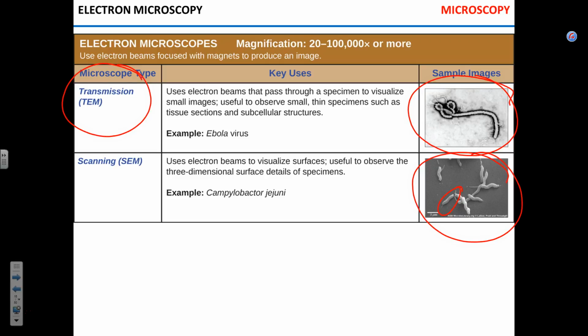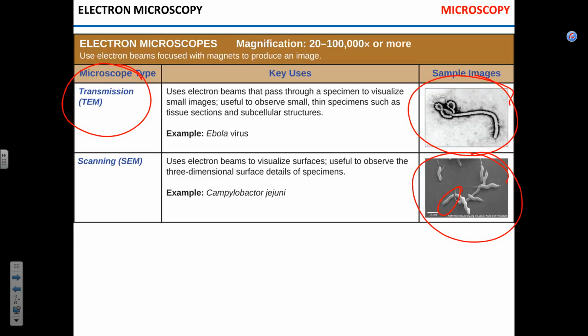Okay. I mentioned, just for entertainment, scanning tunneling and atomic force. Scanning has a needle that goes over the surface of the specimen and measures the electrical current between the surface of the specimen and the needle, at a distance of tenths of a nanometer. So it can, for instance, see the structure of a DNA molecule.